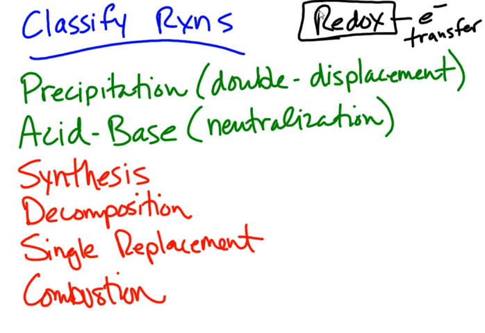The next type of reaction, which is also not a redox reaction, as indicated by the green, are acid-base reactions. Those are also called neutralization reactions. The reason why they're called neutralization reactions is because the acid and the base neutralize each other out.